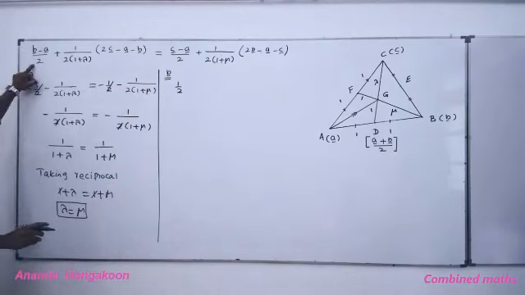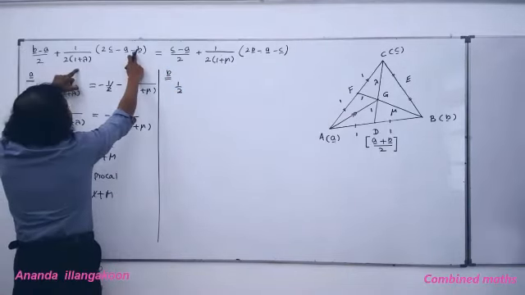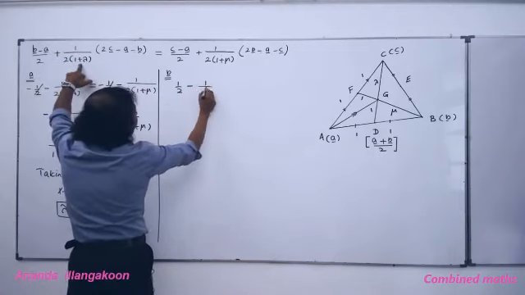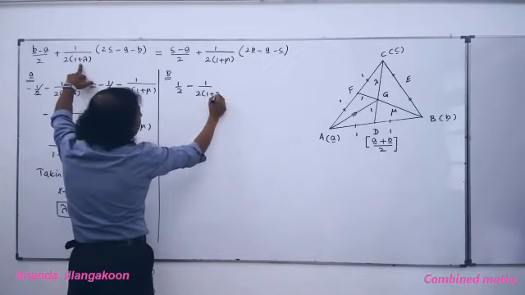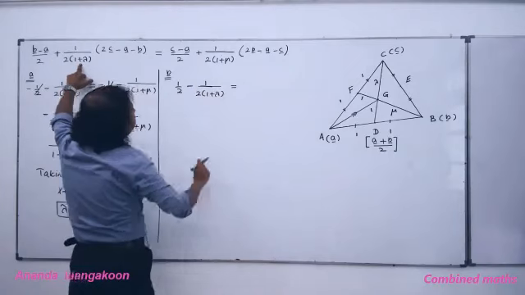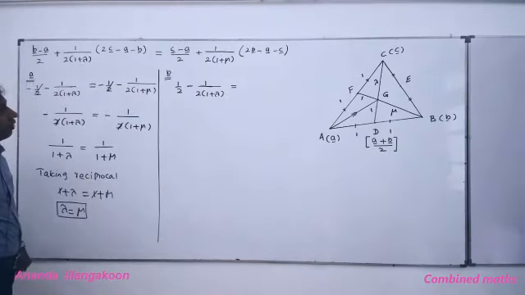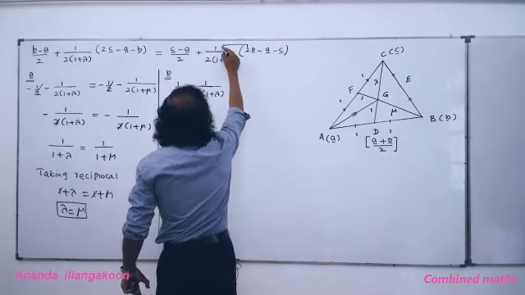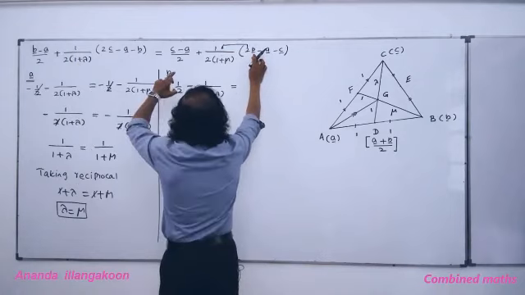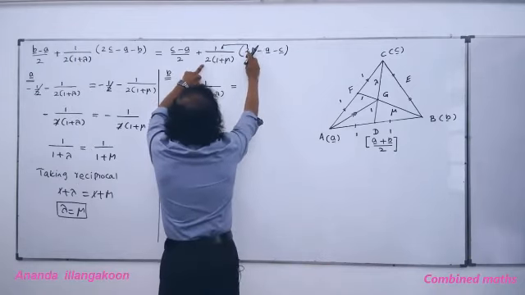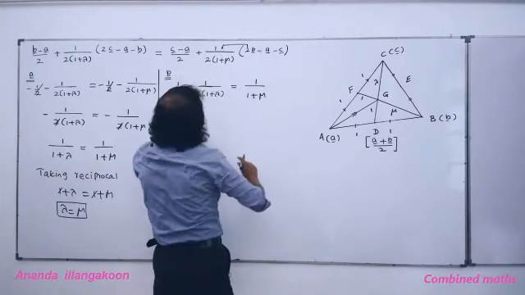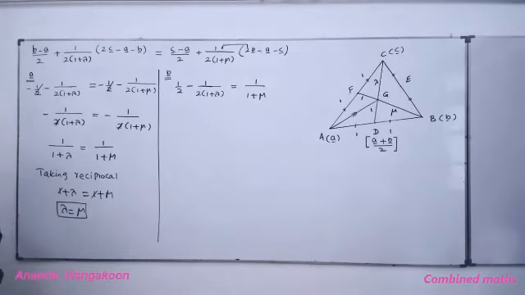Here half, no? And here minus this part. Minus 1 upon this, 2 times 1 plus lambda, in the left hand side. What is that on the right hand side? We have to multiply this 2 and this to get the coefficient of B. Then what happens? This 2 and this 2 will cancel off. Only 1 upon 1 plus mu we get as the coefficient of B on the right hand side. Okay, this will we get, people.